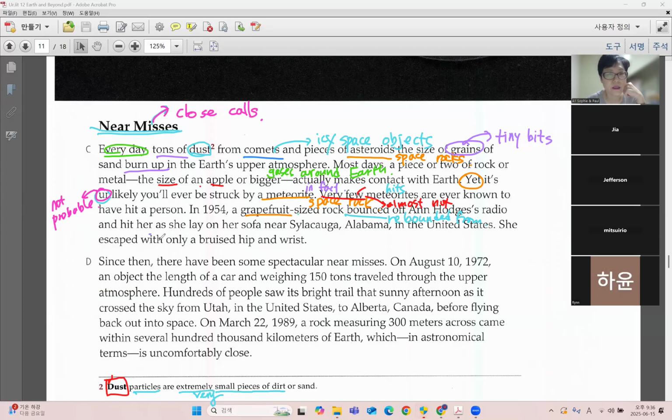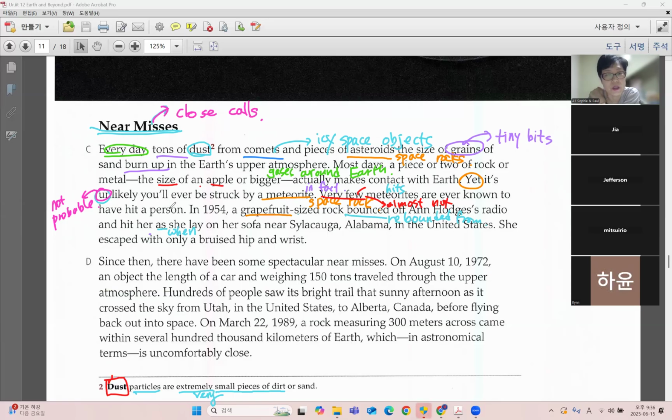And what is a radio, and hit her as she lay on her sofa near Sylacauga, Alabama in the United States. Okay, here as means what? When. So it is interesting, right?